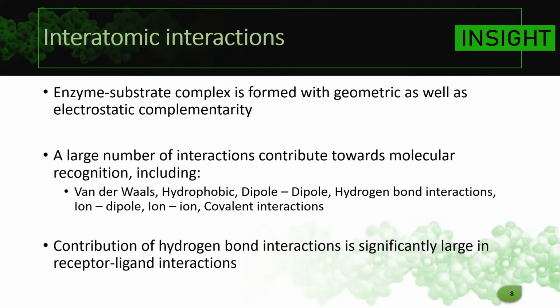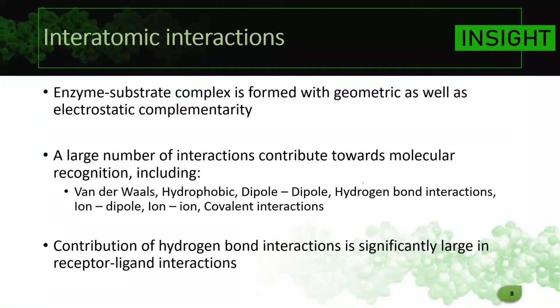Hydrophobic interactions, when we have any hydrophobic atoms, they can have these interactions. Dipole-dipole interactions: because of the different charge distribution, there is a dipole which shows the direction of the total force acting in a molecule, and then it can give us these interactions.